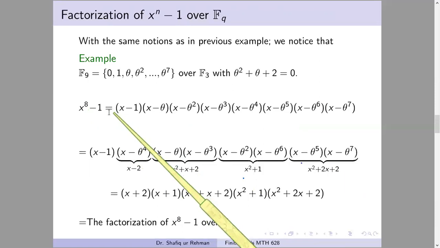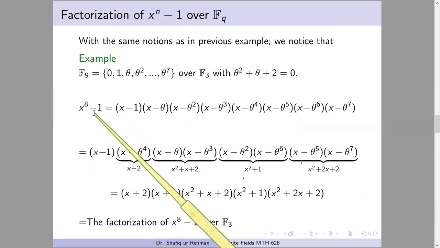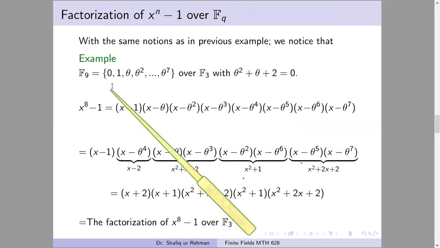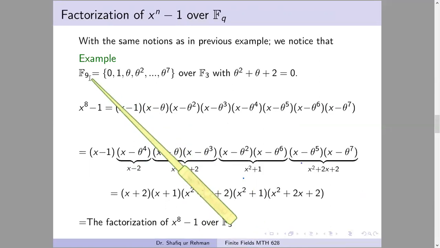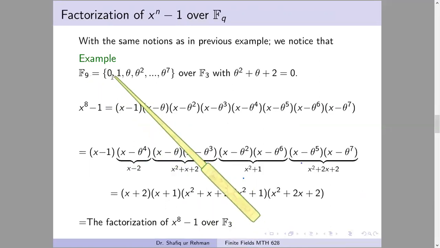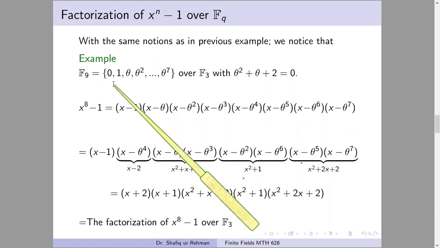It's clear, because this polynomial has degree 8 and all its roots are distinct, and they belong to this field F9, and except 0 they are all 8th roots of unity. So we get this.